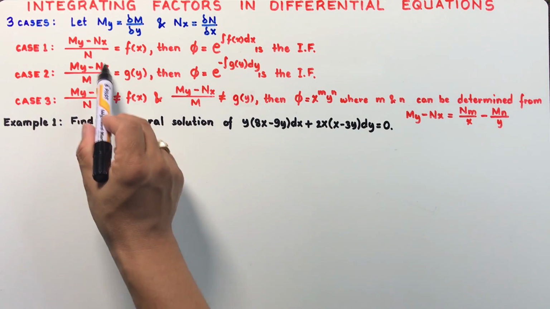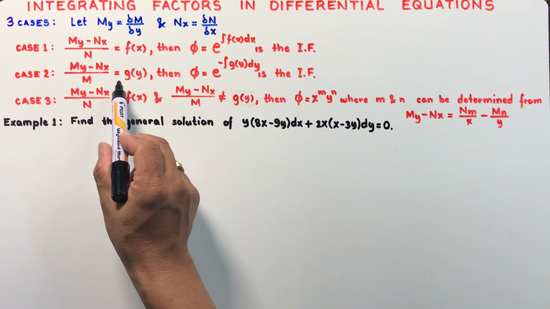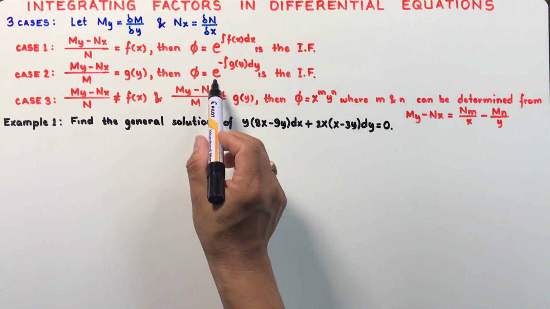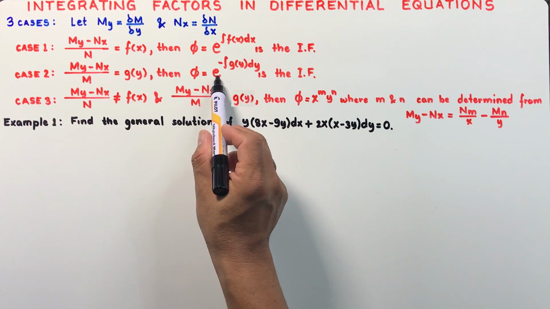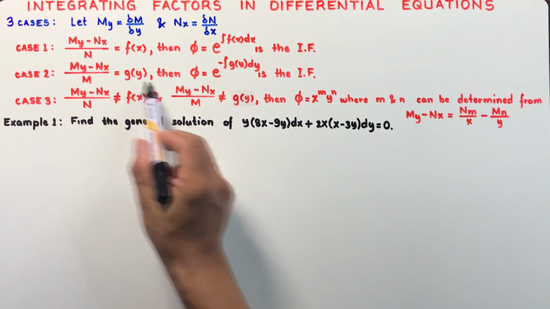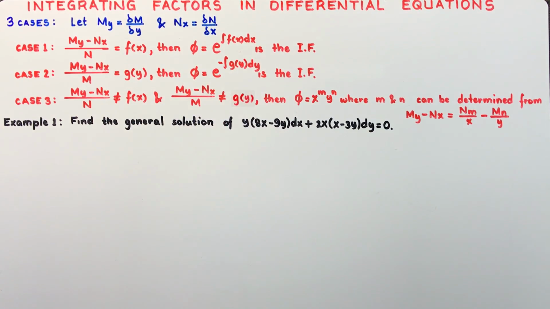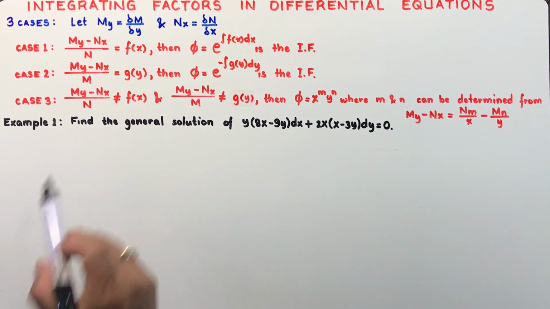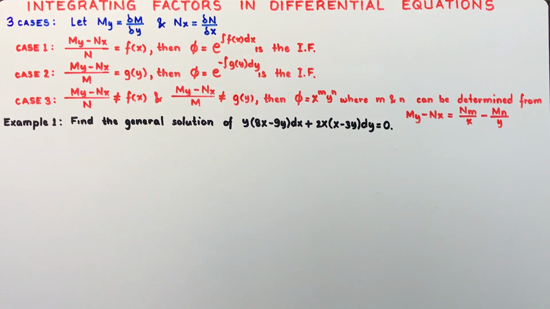But when this expression is a function of y alone, then our integrating factor is obtained by e raised to the negative of the integral of g of y dy. And this is our integrating factor when this results to a function of y alone.